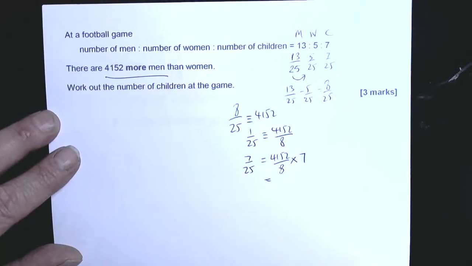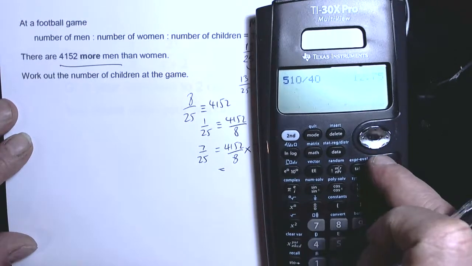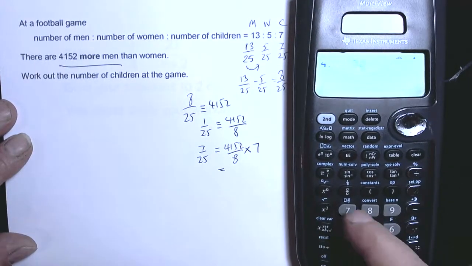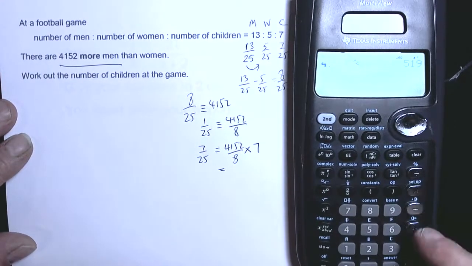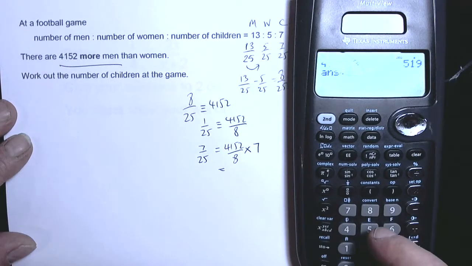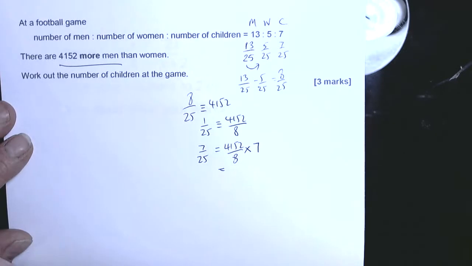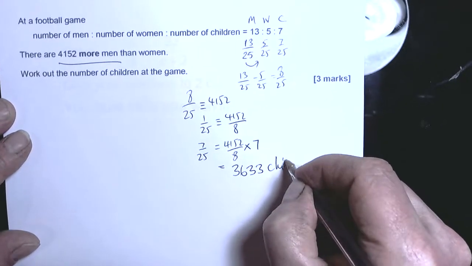So it's a calculator question, so go for my calculator paper. So we've got 4,152 divided by 8, and then times that answer by 7. Okay, so the answer is 3,633. So 3,633 children.